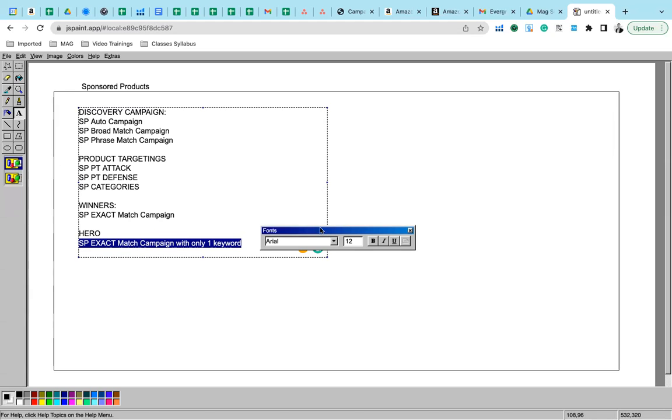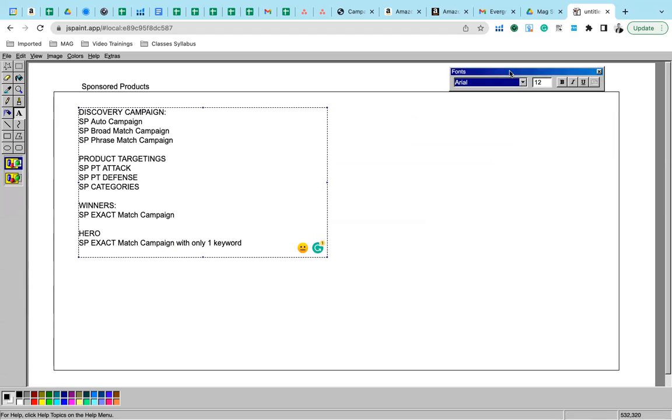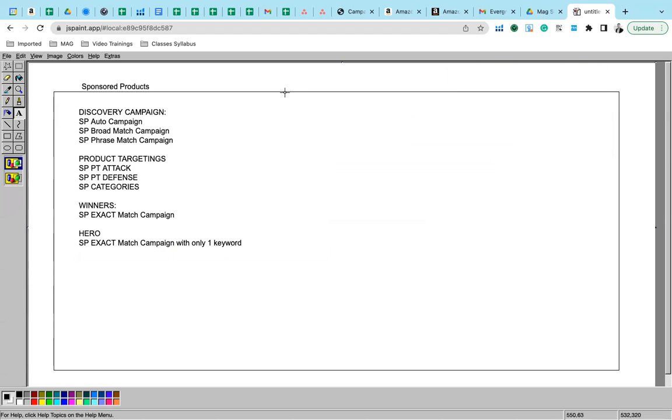All right, let me show you a little more about how this works. When you start the discovery campaigns, you're bidding on targets that have search terms. When you're bidding auto, you're bidding on products, keywords, and many things.